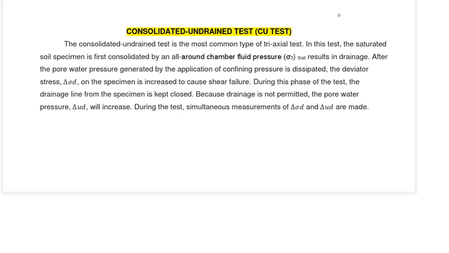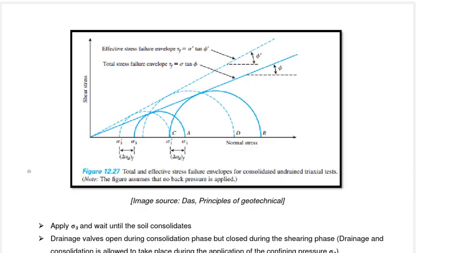So in this test, the drainage valve is open while the confining stress is applied and remains open until the soil is consolidated and the pore pressure are dissipated.